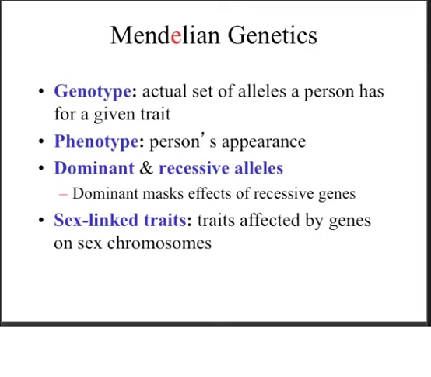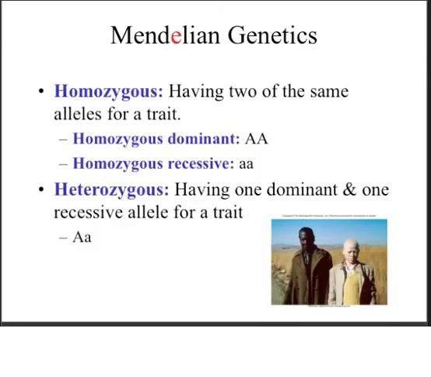So for the female to express a sex-linked trait that's dominant, she would only need one copy of that allele, but to express a sex-linked trait that's recessive, she would need two copies of that allele, one on each of her X chromosomes. And this is why sex-linked recessive traits are much more frequent in males than in females.